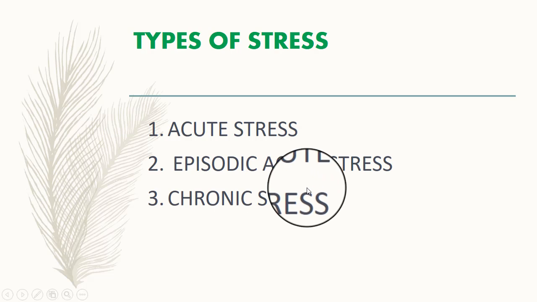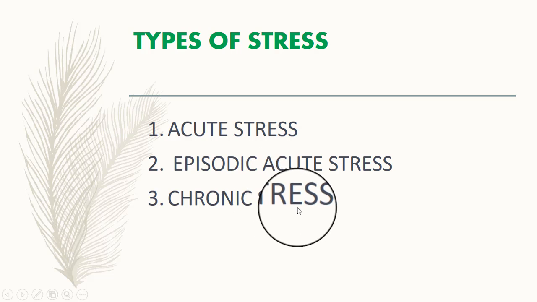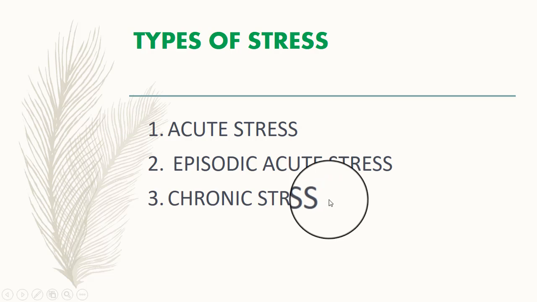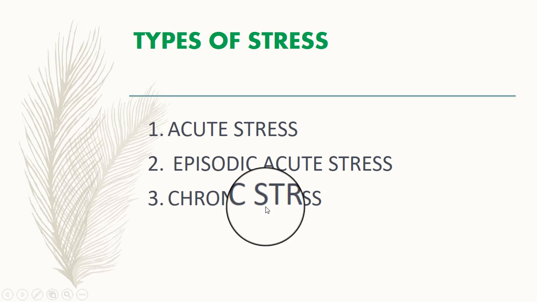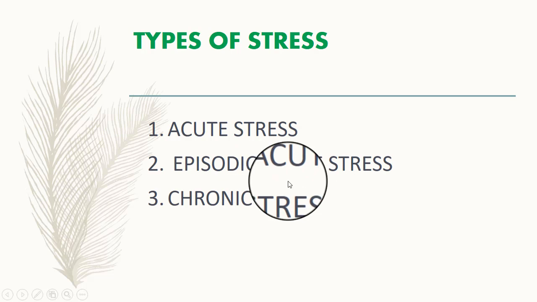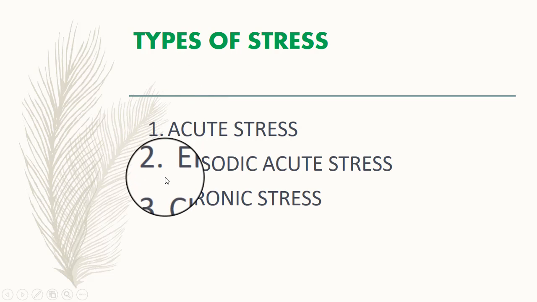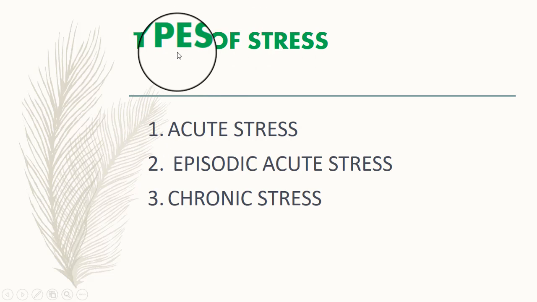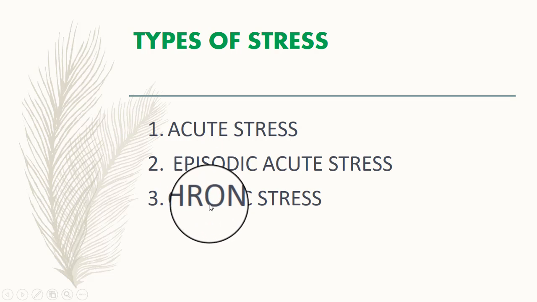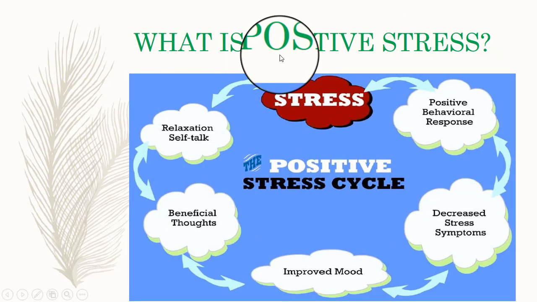If acute stress isn't resolved and begins to increase or lasts for long periods of time, it becomes chronic stress, and this stress is constant and does not go away. So this was all about the various forms of stress, that is acute stress, episodic acute stress, and chronic stress.